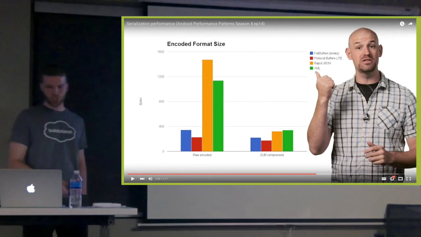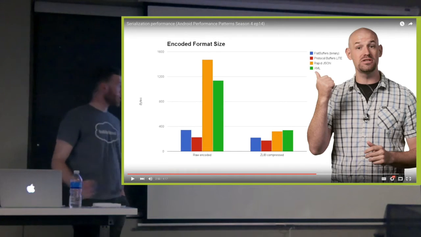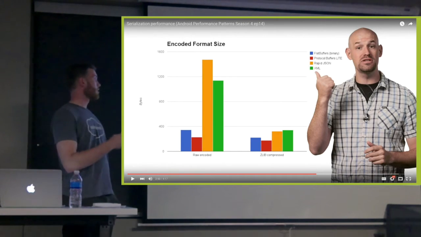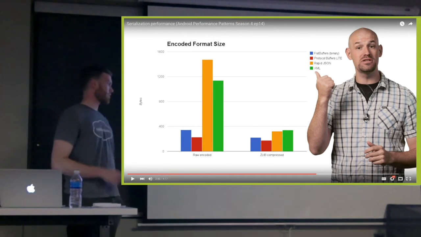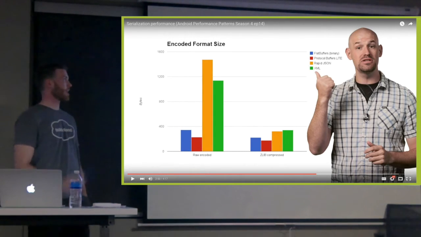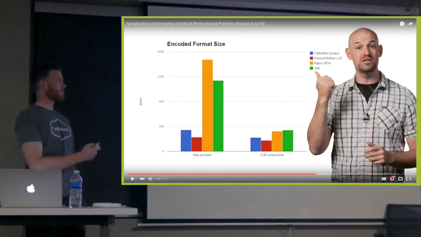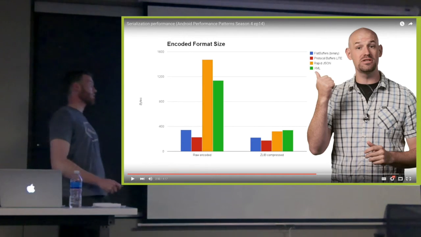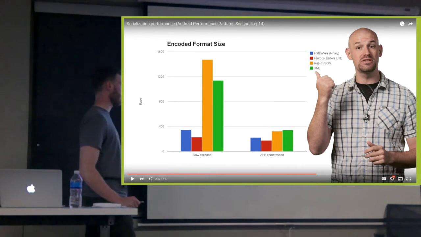This slide is just showing his comparison of the size of the files, raw and compressed, with FlatBuffers, which is very similar to protobufs. There's a link in the README to learn more about FlatBuffers. In blue there, and then red is protobufs that I was dealing with.